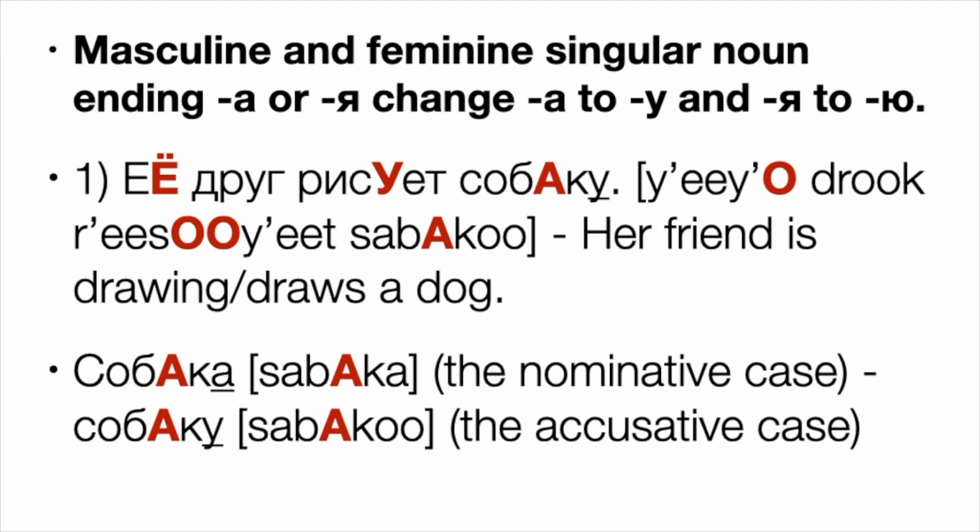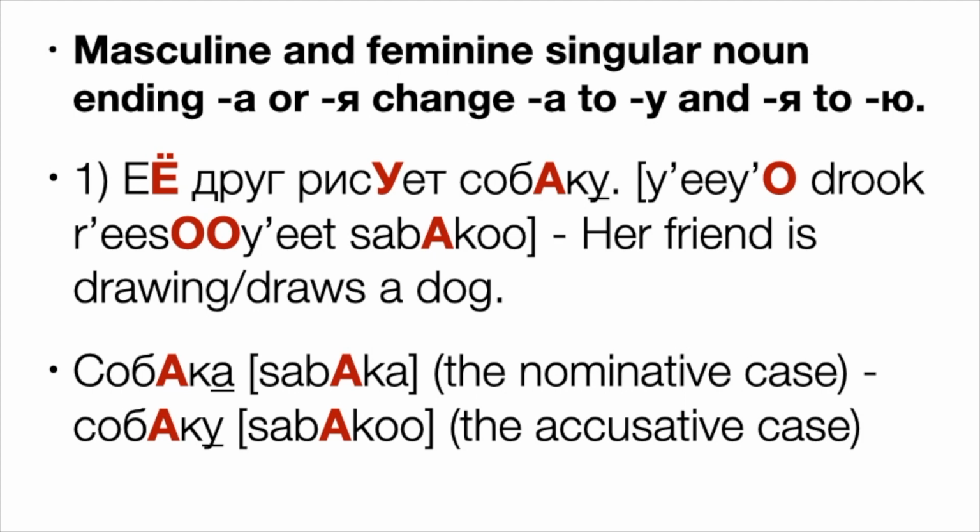Now let's have a look what endings are typical for the accusative case. If a masculine or feminine singular noun ends in -а or -я, they change -а to -у and -я to -ю in this case. For example, number 1. Ее друг рисует собаку. Собака is a feminine singular noun. It has the letter -а at the end. So that's why in the accusative case it's replaced with the letter -у.